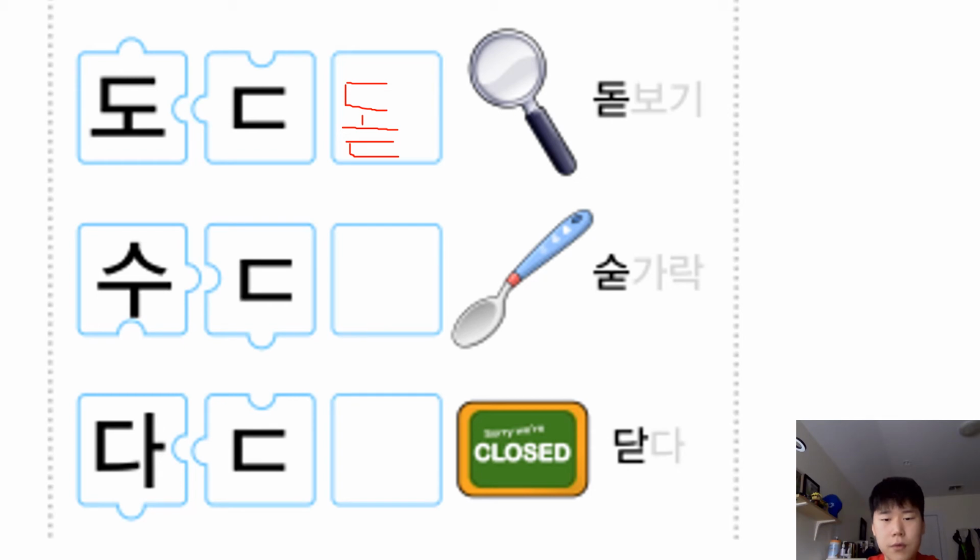And then for spoon, it's sutkarak. Su, and then a tigut. And then there's tat for tatta, which means they are closing or to close.